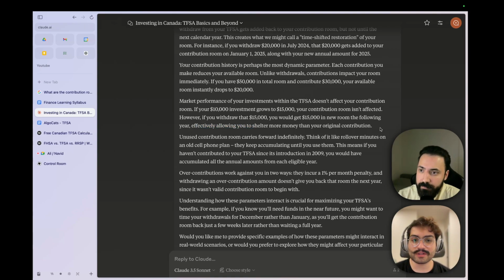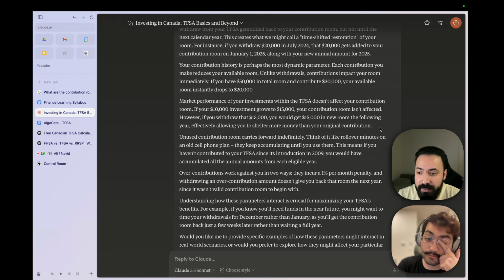So what happened here? I didn't understand. So that means basically as long as you haven't withdrawn from your account, it doesn't affect your contribution room, right? Like you have 10K in your investment and it grows to 15K, that's fine.